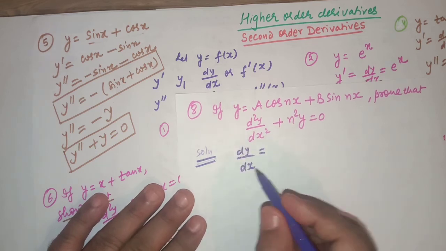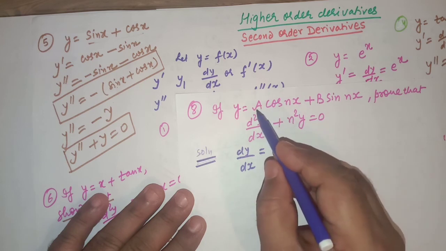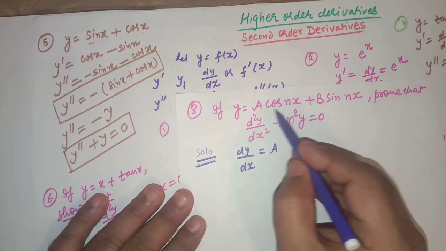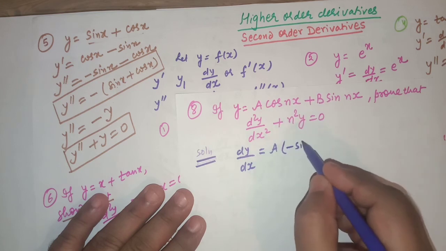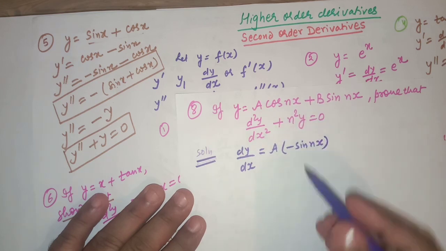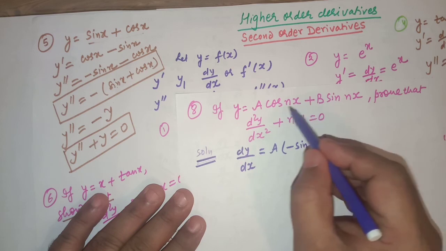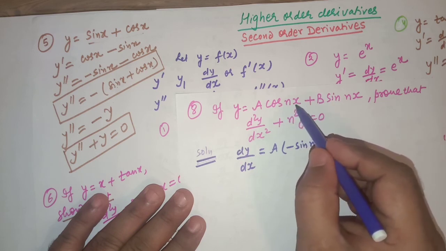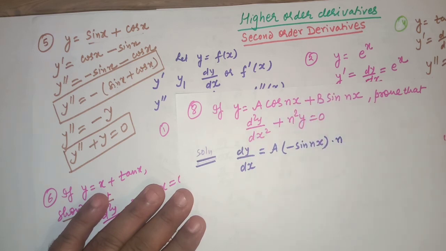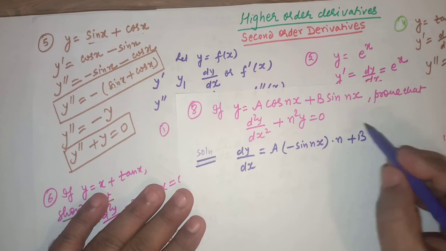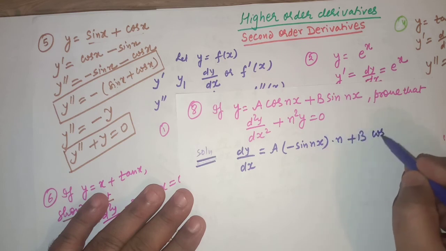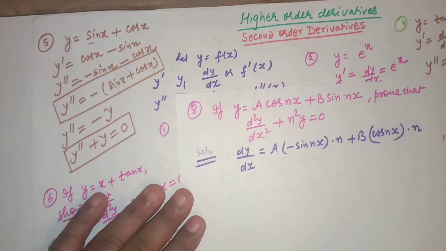So dy over dx is, a is constant, and the derivative of cos nx is minus sin nx, and then we find the derivative of nx by chain rule. So we will have only n, because the derivative of x is 1. Similar is the case with this. So b, the derivative of sin is cos nx, and we have n. Clear?